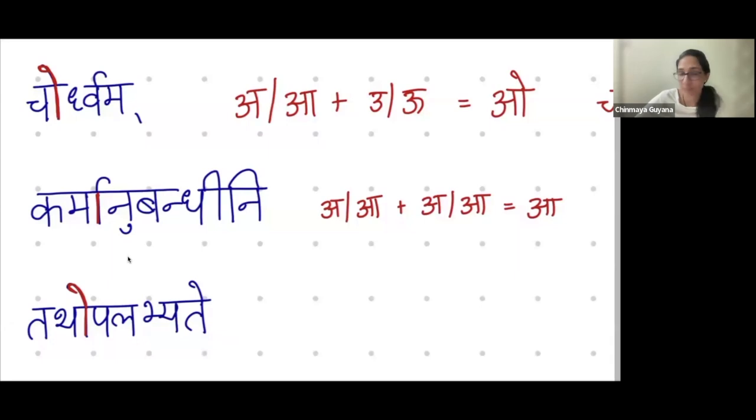Again, I don't mind if you write the wrong one. I want you to just take your best shot and break it. You're not going to get a wrong for writing the wrong one if you don't know what the word is. But you have to get the rule right and you have to try to break it. Karma, everyone will know, karma is short. So there I told you. For this one, it's karma and anubandhi.